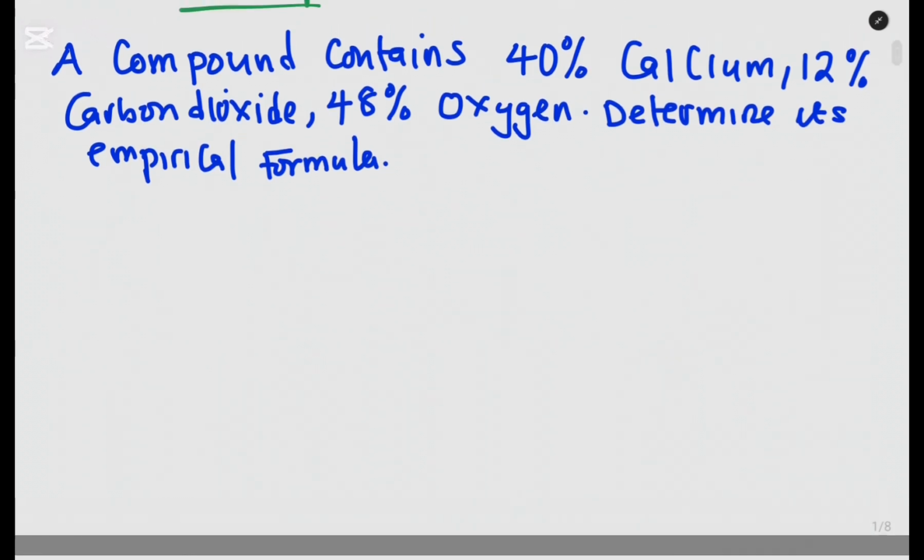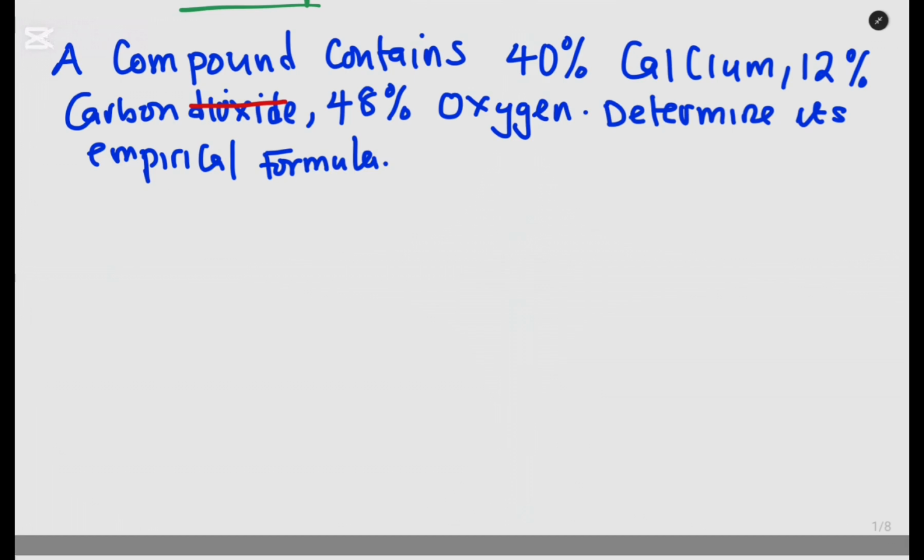Please, this one was not supposed to be carbon dioxide, instead just carbon. Let us keep it carbon. So a compound contains 40% calcium, 12% carbon, 48% oxygen. Determine its empirical formula.